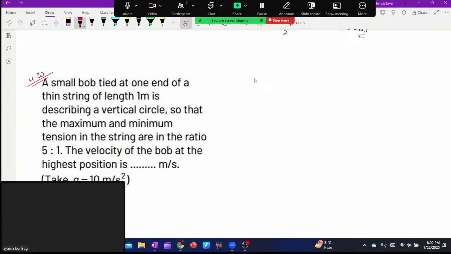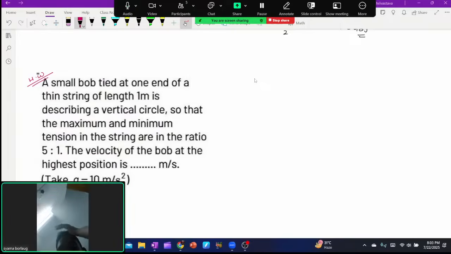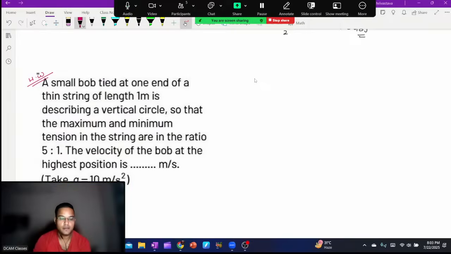So first try to cover those. Yesterday only I bought the books. Okay. For every topic you have to follow this trend only. Try completing the previous year questions first, then you can move on to your other books.